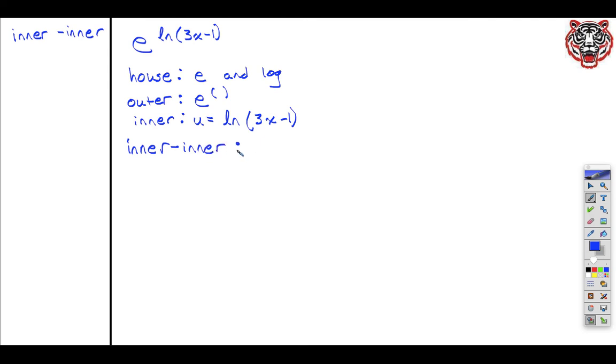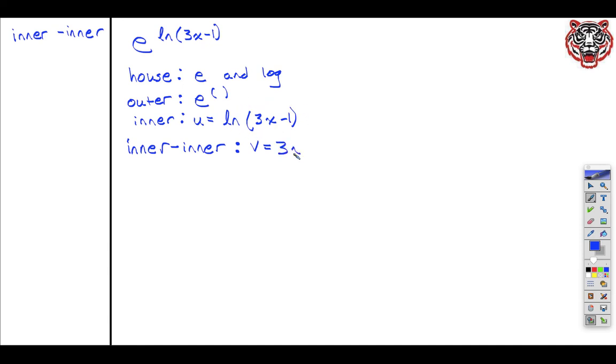Your inner, the inside of the inside, we'll call it v. So if we identify the house, the outer of this would be natural log of whatever. What's on the inside of the house? If I'm in log house right now, inside of log house is? 3x minus 1.